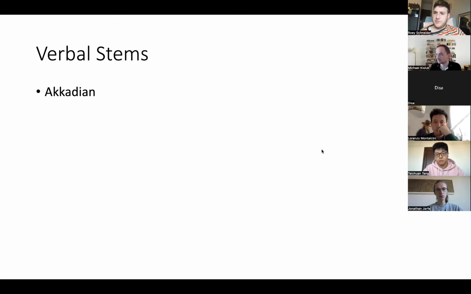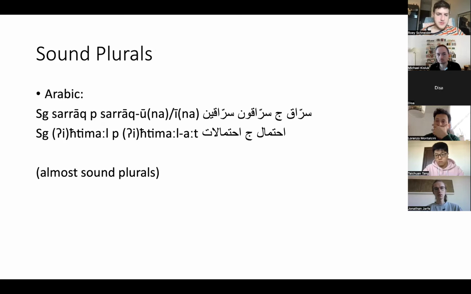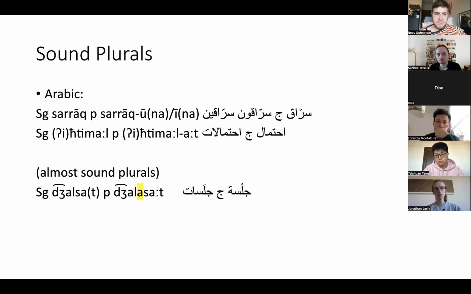So just another question. Are the segolates in the plural ones in Hebrew considered also broken plurals without the Hebrew endings? So the whatever melech and mal. Yeah. Just like I said before, when I talked about jalsa, jalasat, this is almost sound plurals. Broken plurals do not have a plural suffix.